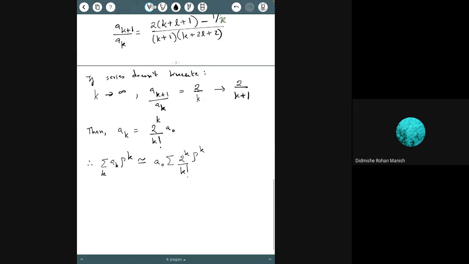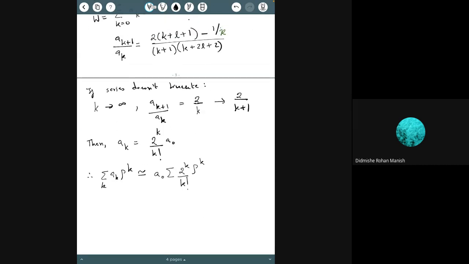It will be dominated by the large terms. So as k tends to infinity, if you do have an infinite series, it will be dominated by the large terms, and this will then be equal to e to the power 2 rho.